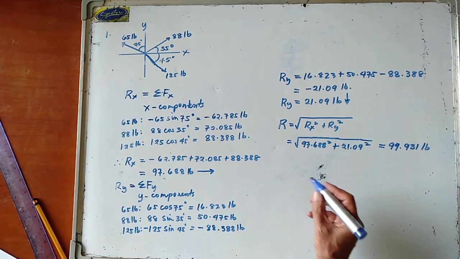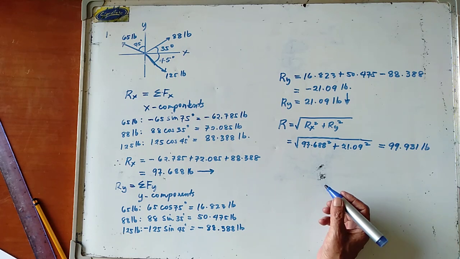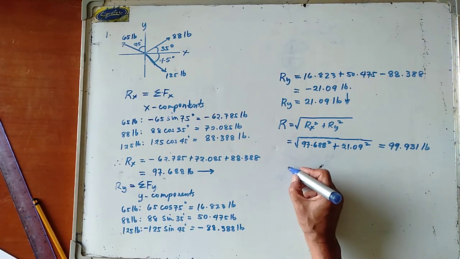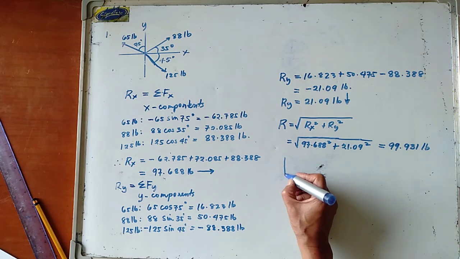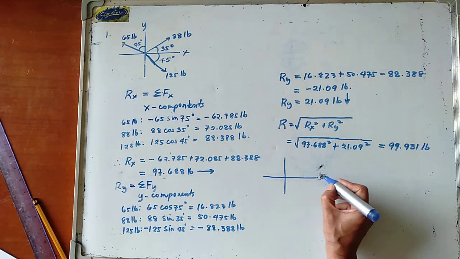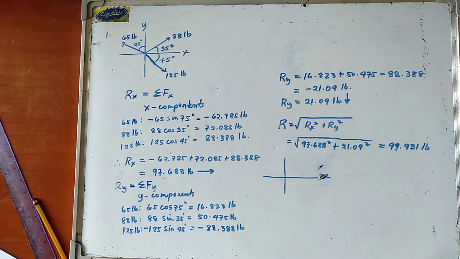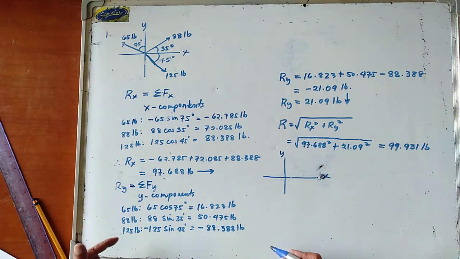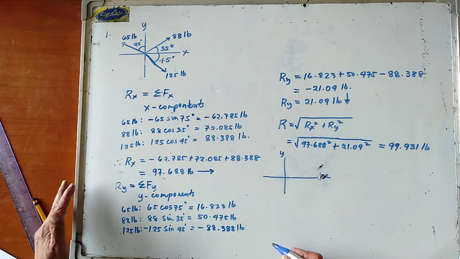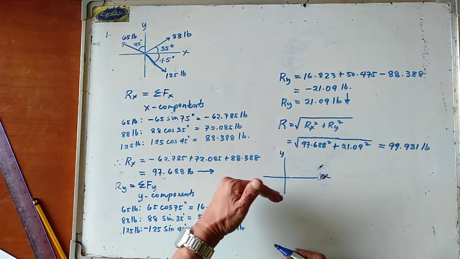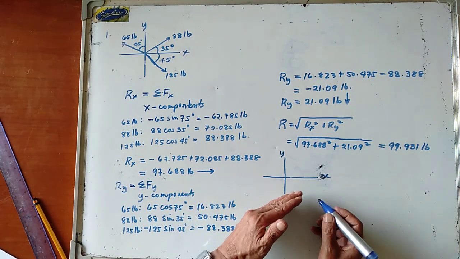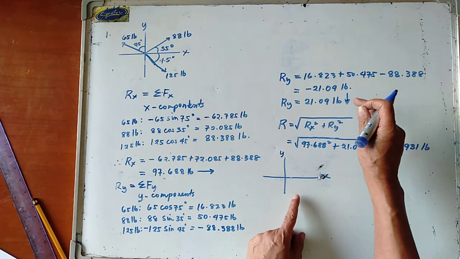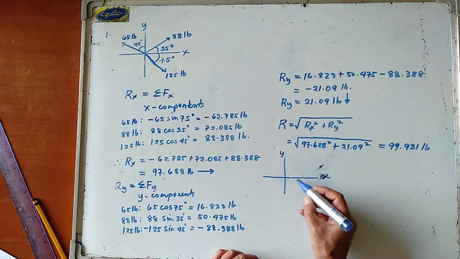Now, the angle that the resultant makes with the x-axis. So we now have the x-axis and the y-axis. The component of the resultant in the x direction is going to the right, and the component of the resultant in the y direction is going downward.